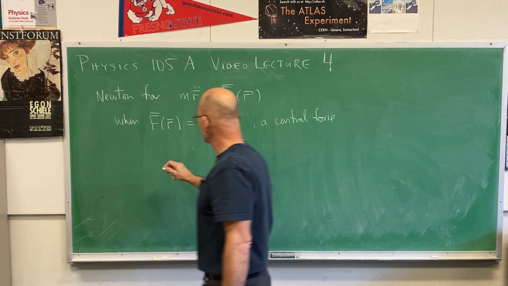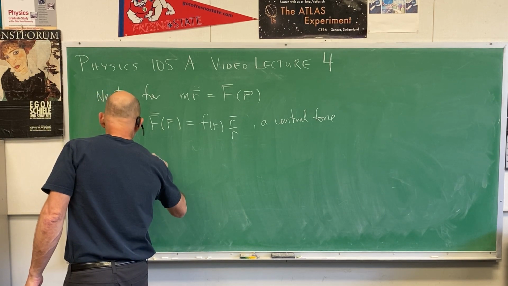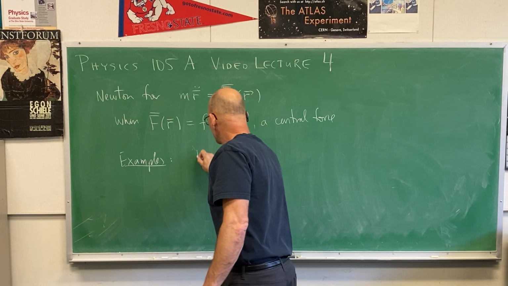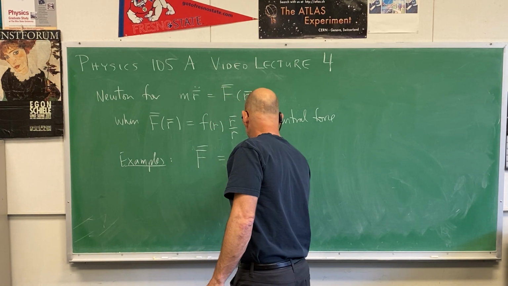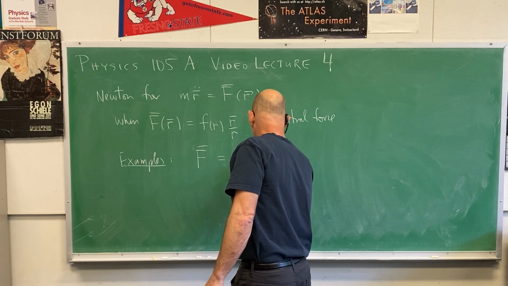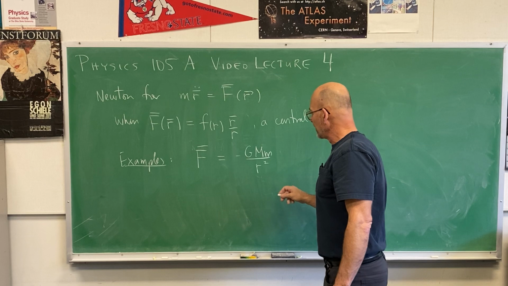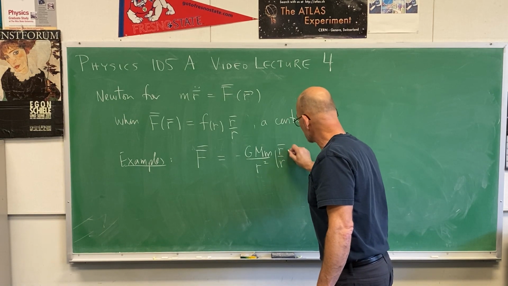I'll put the examples up that we're interested in right away and say a little bit about them. We could have F equals minus G product of two masses over R squared, and there's the vector nature of it.